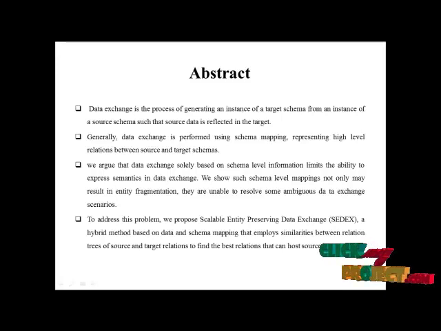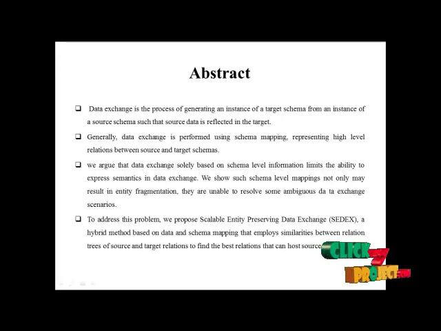Here we analyze two types of problems to be overcome. One is entity fragmentation, the other is ambiguity generation, and these approaches are unable to solve such ambiguous data exchange scenarios.